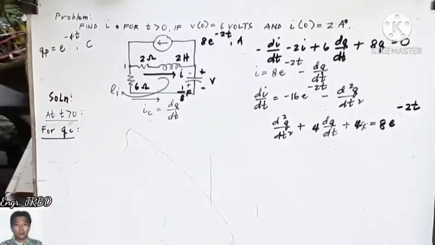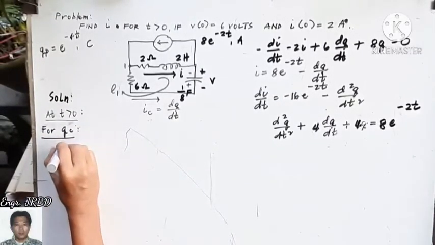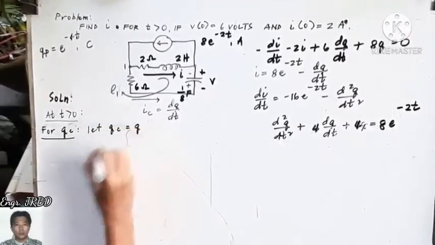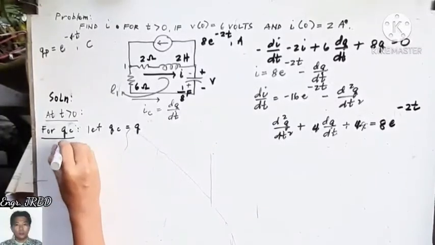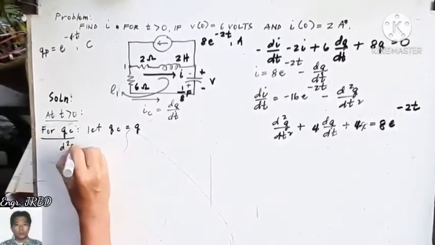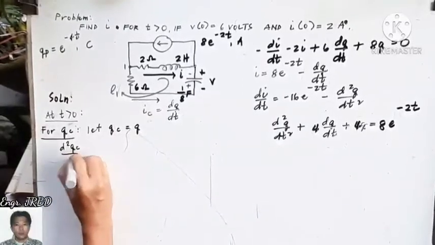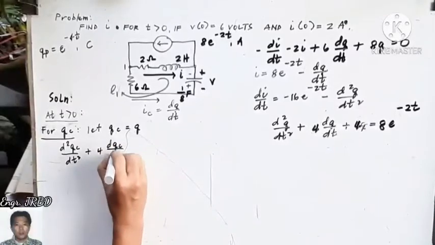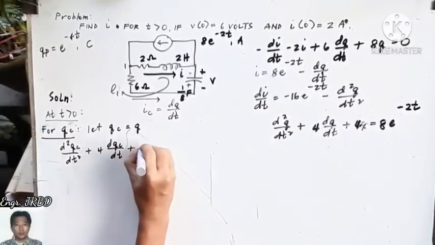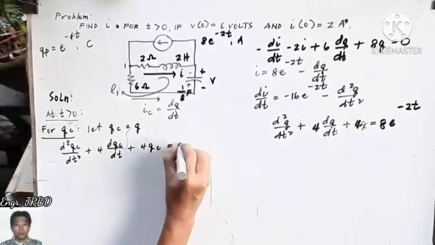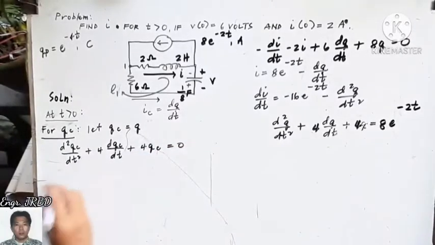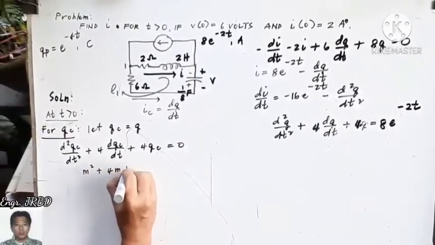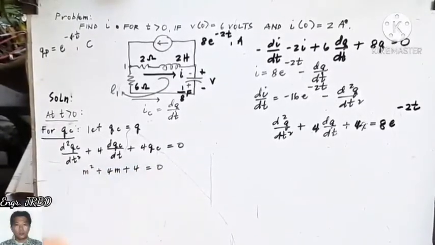You need to set the right side of the equation to 0 and let your Q sub C be equivalent to Q. So we will now have the second derivative of Q sub C with respect to t plus 4 times the derivative of Q sub C with respect to t plus 4 Q sub C is 0, whose characteristic equation is m squared plus 4m plus 4 is 0.